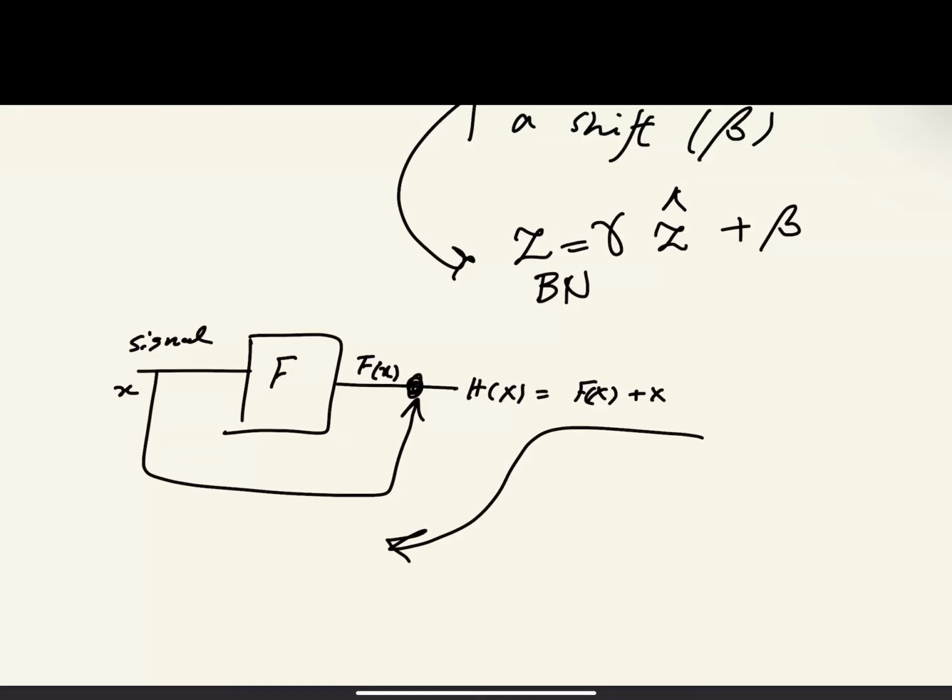Even if a particular block of layers, like for example here in this case, is not useful, the network can easily learn to make its output F(x) close to 0, right? And it basically bypasses that layer altogether. The gradient flows backward through the identity connection without any diminishing in value.